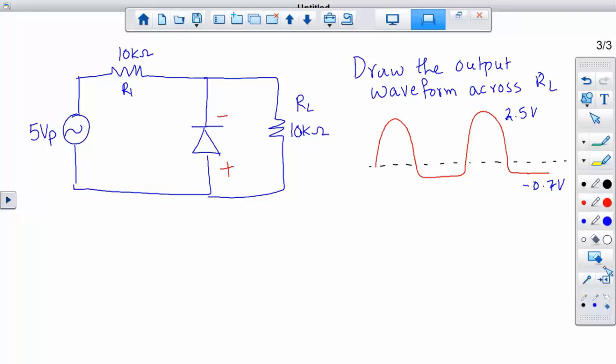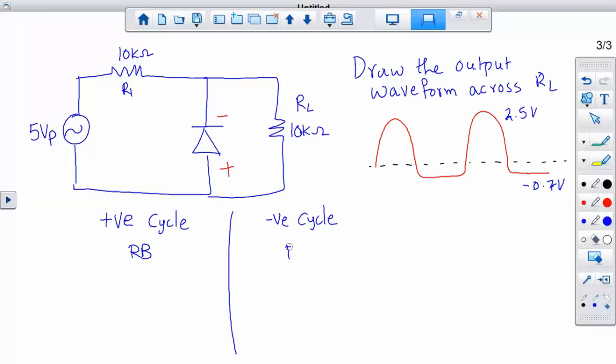So if you start with the positive cycle, it's the same way that I'm going to analyze this, same as before. Since the signal is an AC signal, if you're dealing with a positive cycle, since the cathode of the diode is on the top, the diode would be reverse bias.